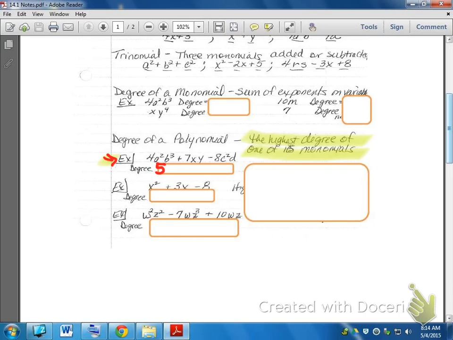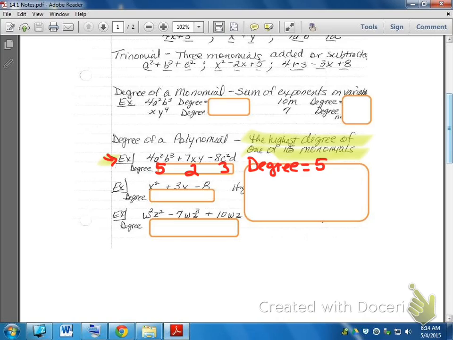What is the degree of that term? 2. 8c squared d. What is the degree of that term? 3. So the degree of that polynomial is the highest one of those, which is 5.